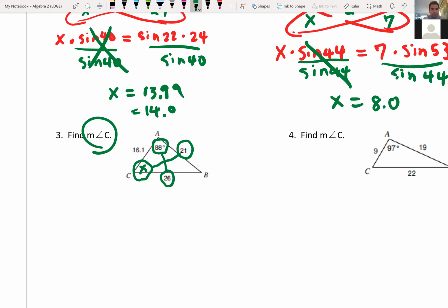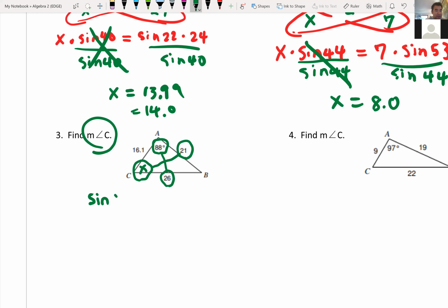Can you set it up? So the setup should be sine of angle.